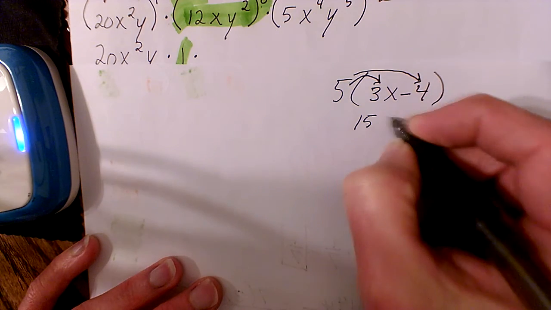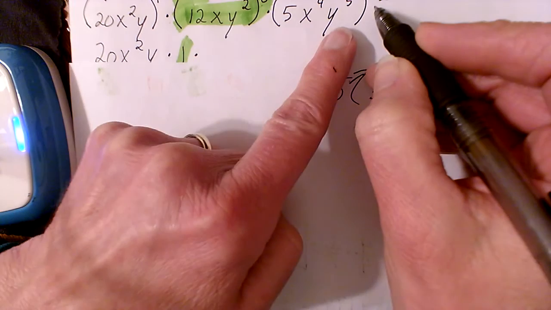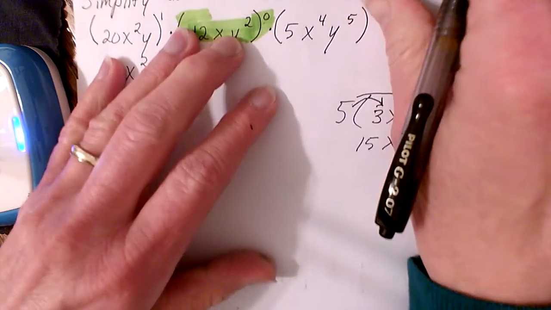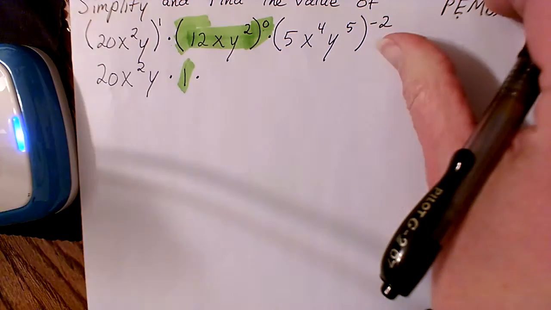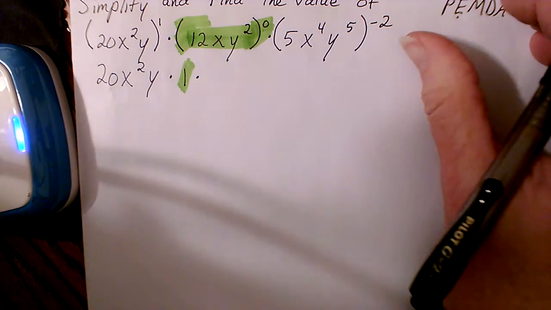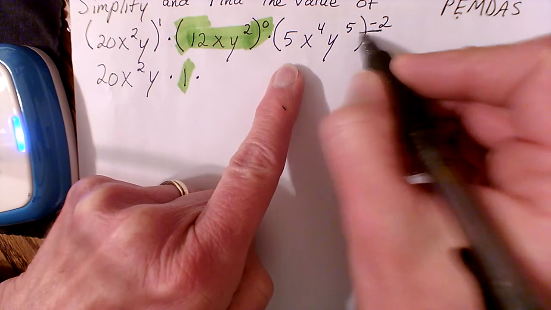So we would have 15x minus 20. When we have a number outside of parentheses that's an exponent, as we do in this problem, now we're again meant to multiply. It tells us to multiply again because this number is outside of parentheses.